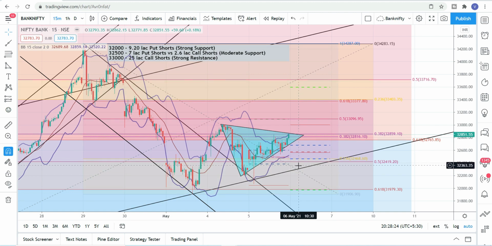But if it is breaking down further, breaking the multiple supports out here, then there is quite a high probability that it will not only achieve the target of 32,000 or 31,990, but there could be further drag as well. That we will cover when I discuss the OI data with you. So that is the entry level setup for you on Bank Nifty.